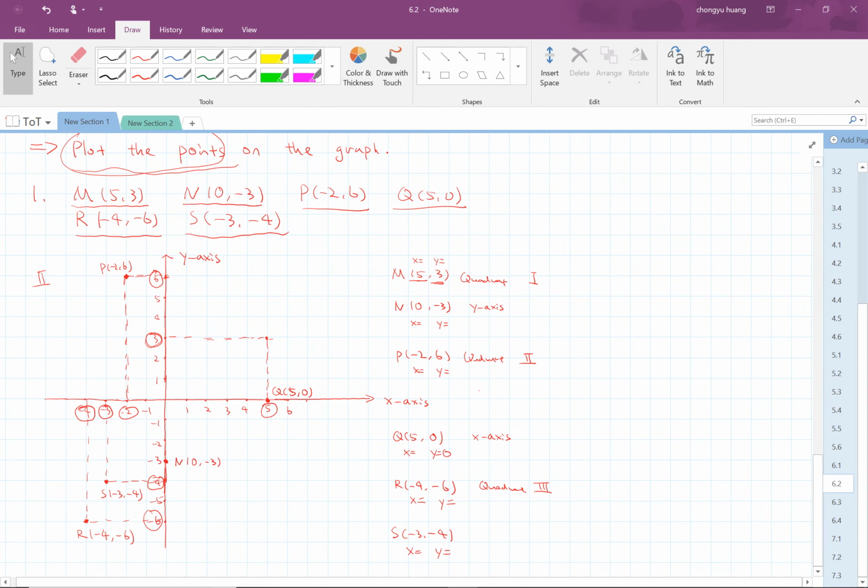Plotting points doesn't have much logic, actually any logic, because you just see the graph and then you plot it. So now we have done the second question, and hopefully everyone gets the right location.